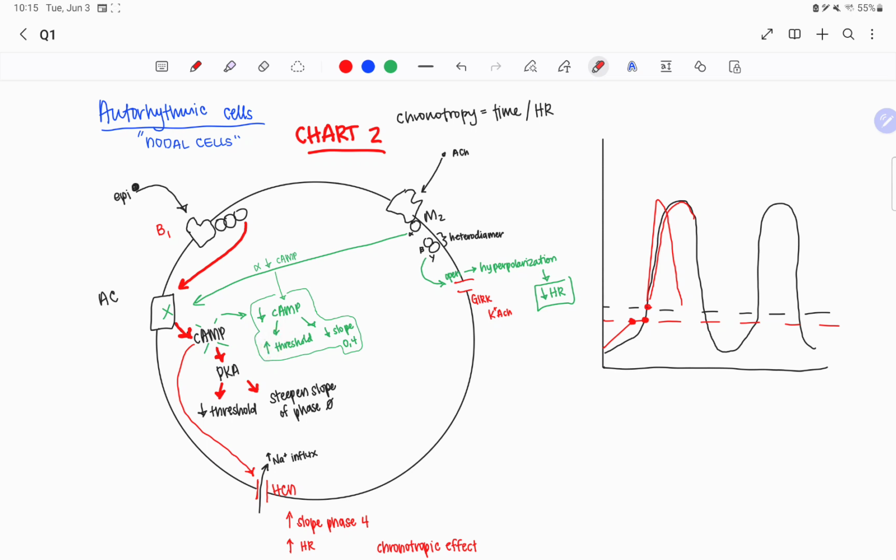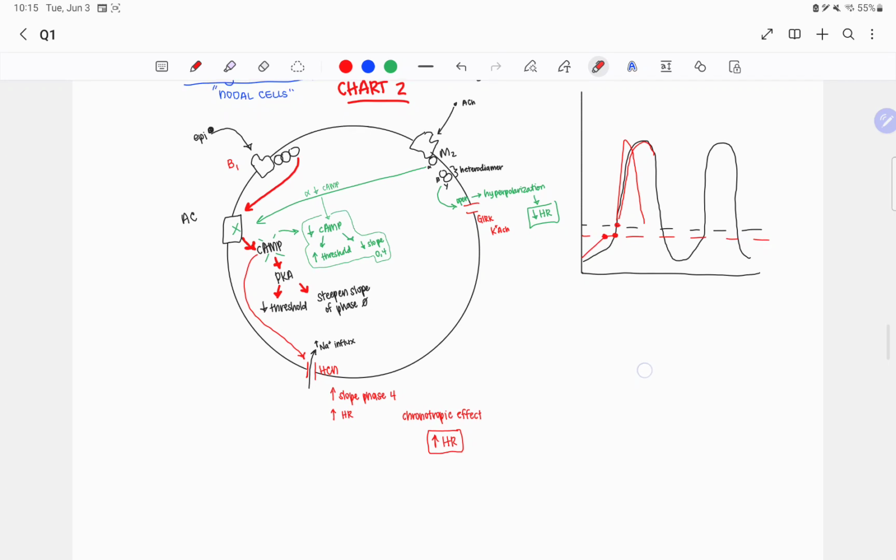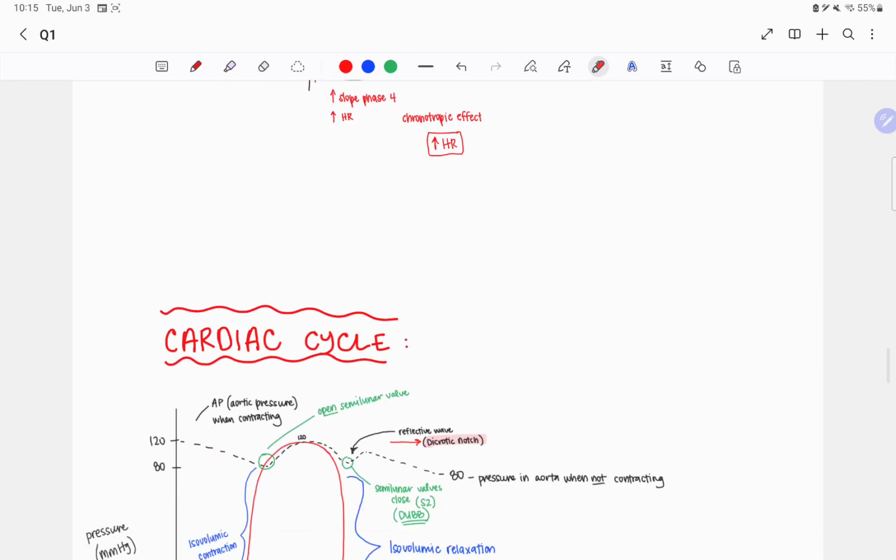So threshold again, farther away, and we decrease the steepness of the slope for phase 0 and phase 4, which would then also mean a slower heart rate. So I think that stuff's pretty cool, pretty interesting to see how that all works in the heart.